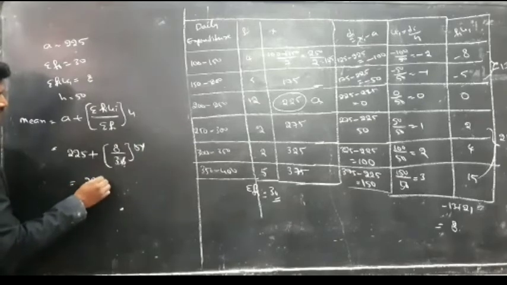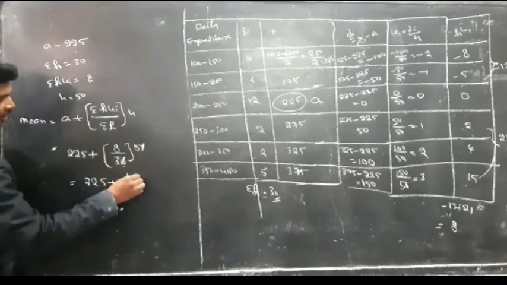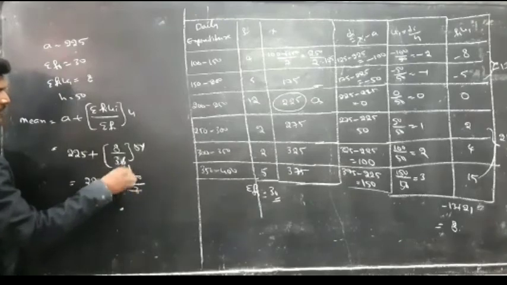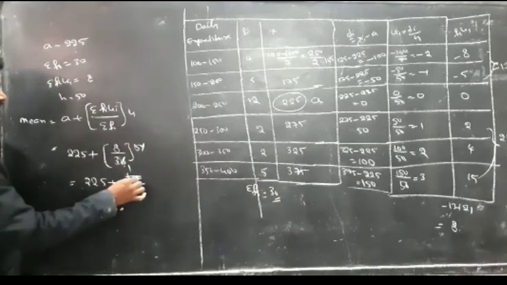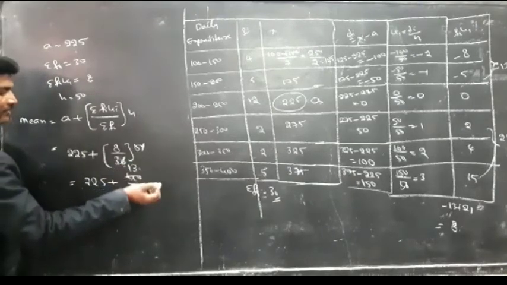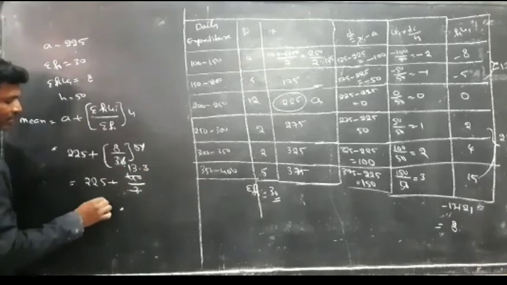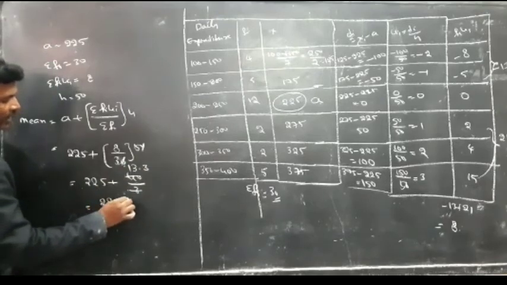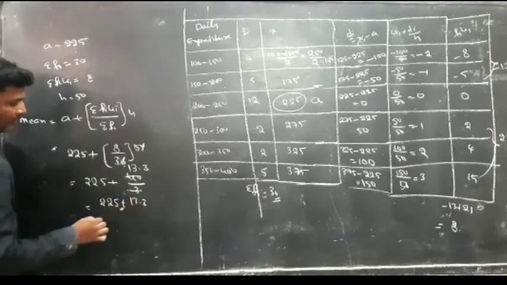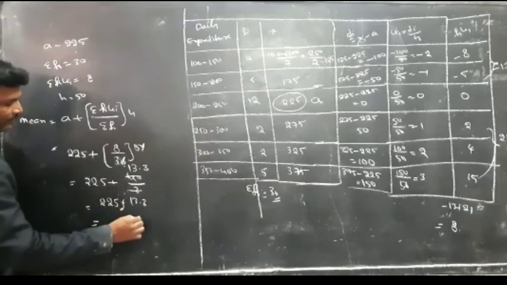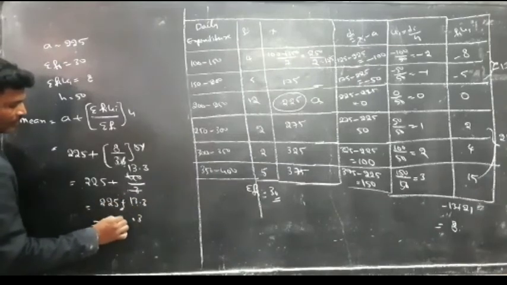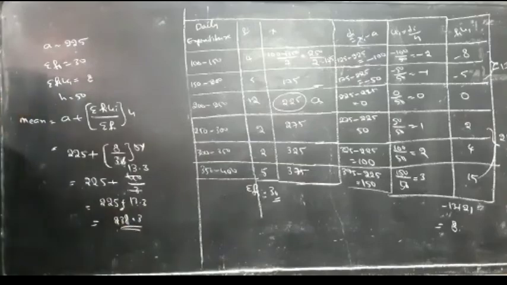So 225 plus 8 into 5 is 40. 40 by 3 is 13.3. So 225 plus 13.3 is equal to 238.3. So the mean of the table is 238.3.